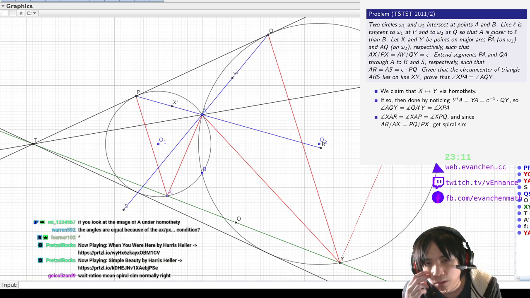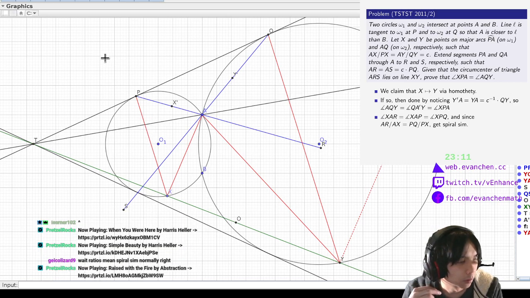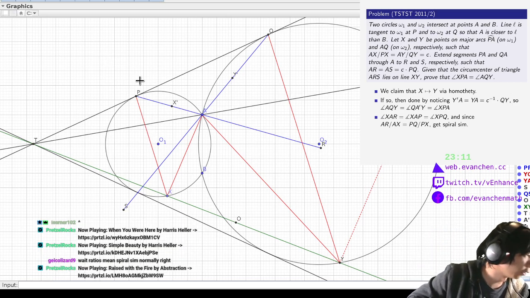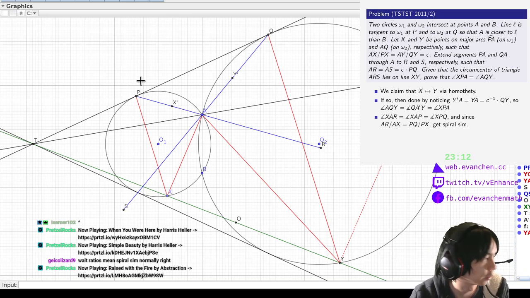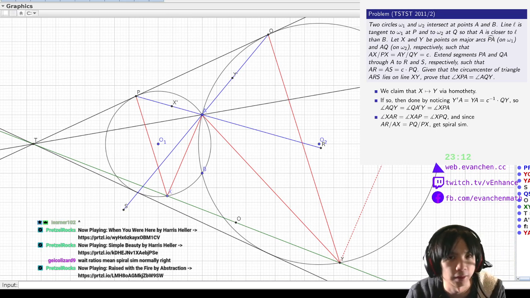So phrased a different way, spiral similarities come in pairs. So that means there's one taking XQR to XAP. Ratios mean spiral sim normally, right? I wouldn't say usually, but it is certainly a very good way of handling them. Like it's pretty common.